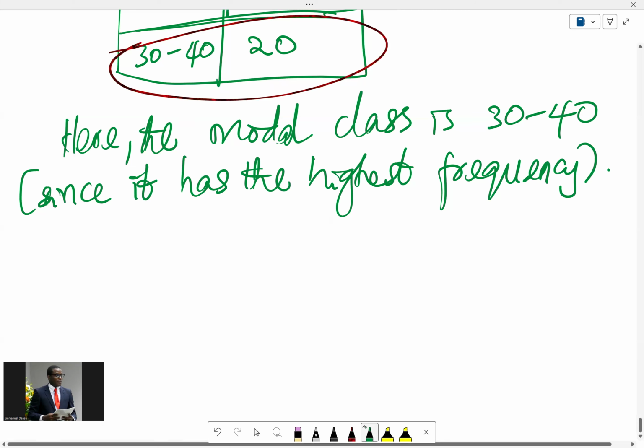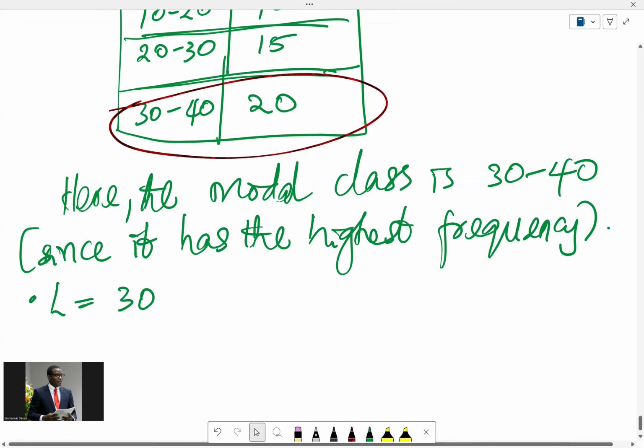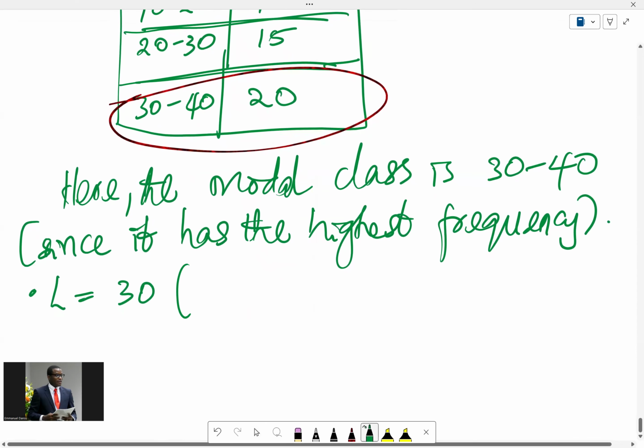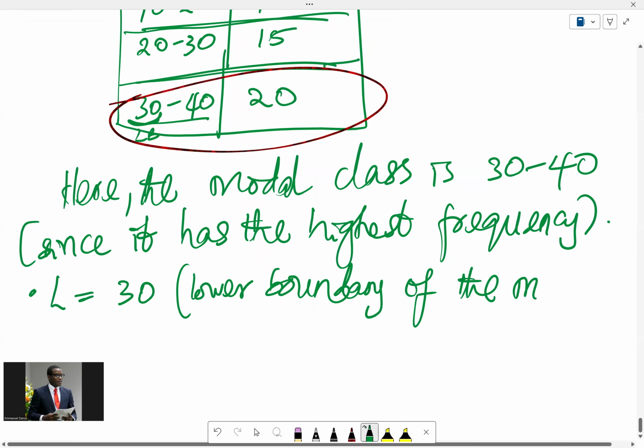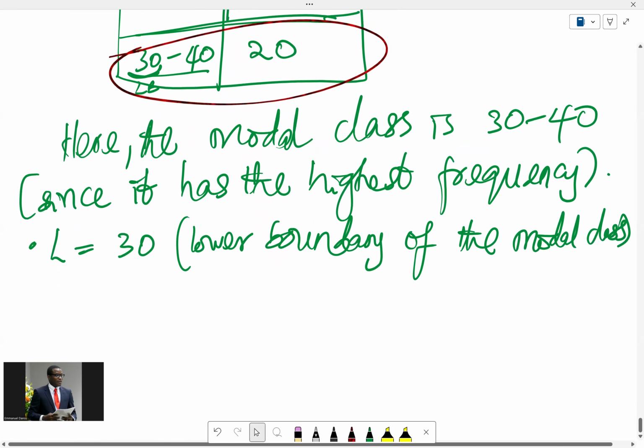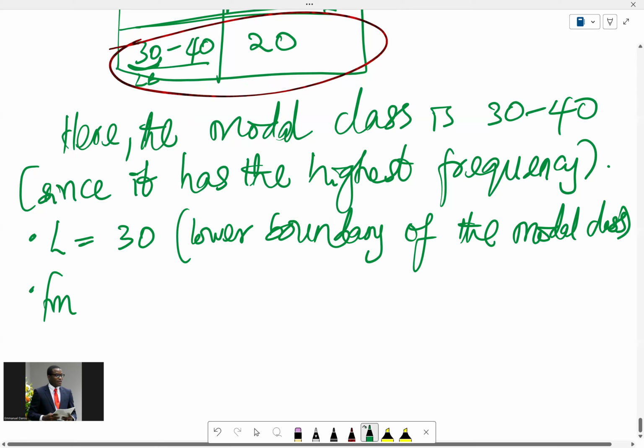We need L. L is 30 because 30 is the lower boundary of the modal class. This is the modal class, so the lower boundary of the modal class. Then you need FM, right? Which is the frequency of the modal class.